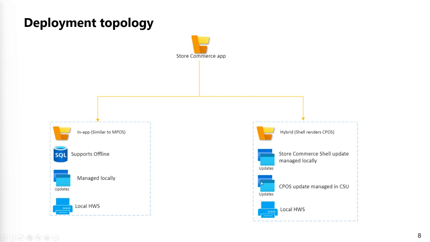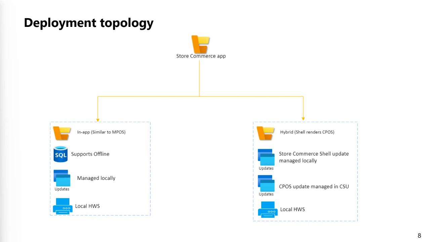But to manage the core app updates, you can centrally do it from the CSU, so all stores will get the update. You can even mix and match. Say, for example, if I have a store with 10 registers, in one register I want offline, and in all the other registers I want the hybrid experience, and you can do it.